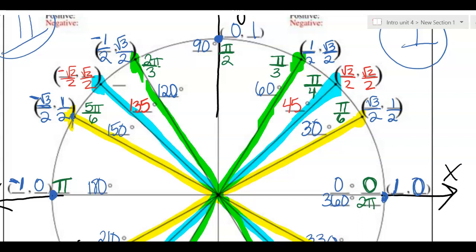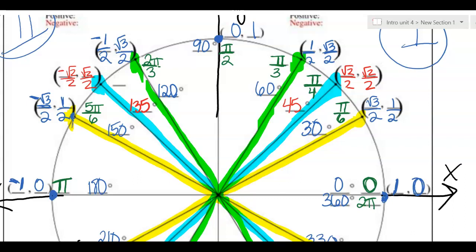Once you know that 45 degrees is pi over 4, you can do what we just did, and you could count around the whole circle by 45s rather than by 30s and 60s, but when you count by 45s, make sure you're counting the right marks, right? It's only every 45 degrees, so it's here to the blue, to the 90, to the blue, to the 180, to the blue.